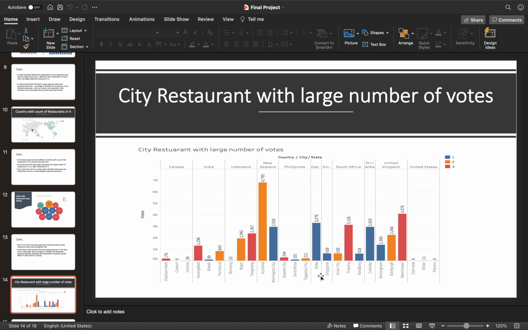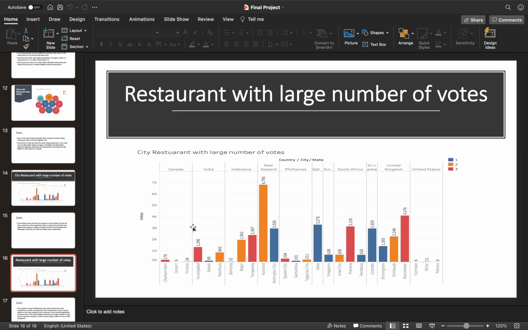In Qatar, Doha has the highest number of votes, 3,276. In India, Aurangabad has 1,295 votes, Mohali 99, and Panchakulu 843 votes. In the UK we have three different cities with ratings in this order.